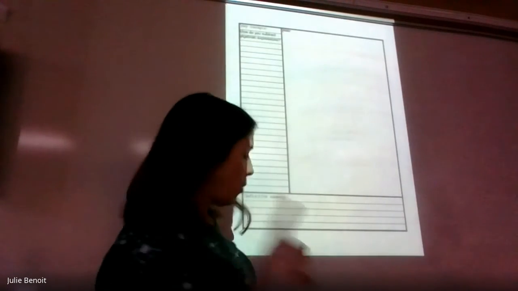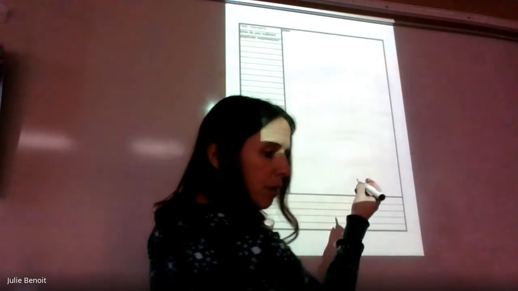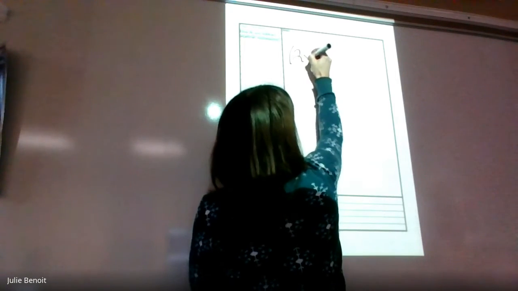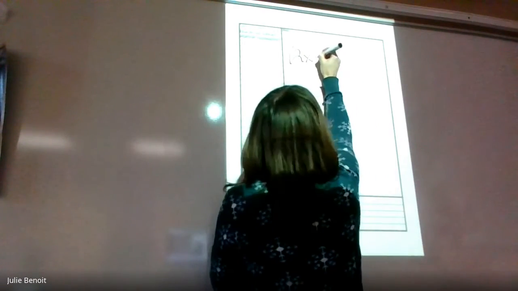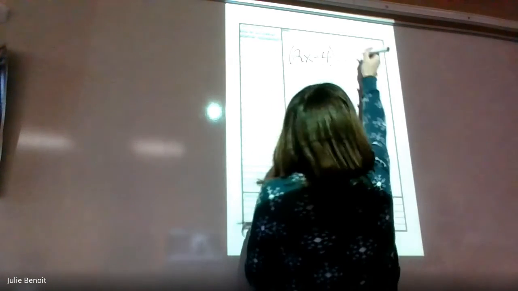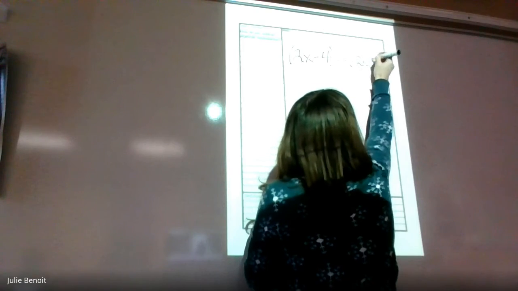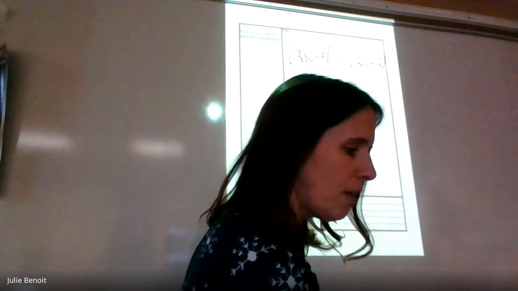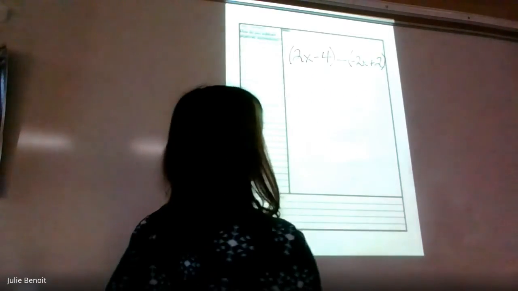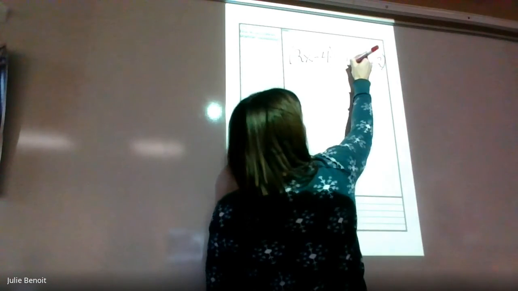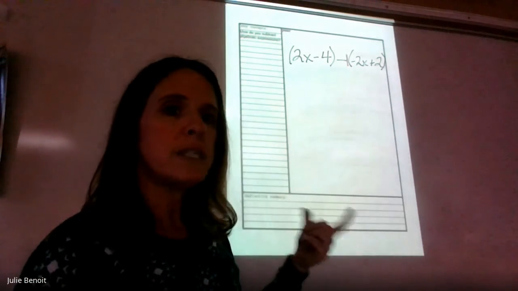Page 2 just has one more example. 2x minus 4 minus negative 2x plus 2. Let me make sure I got that right. Yes. Okay, so I'm distributing a -1 to the second expression.